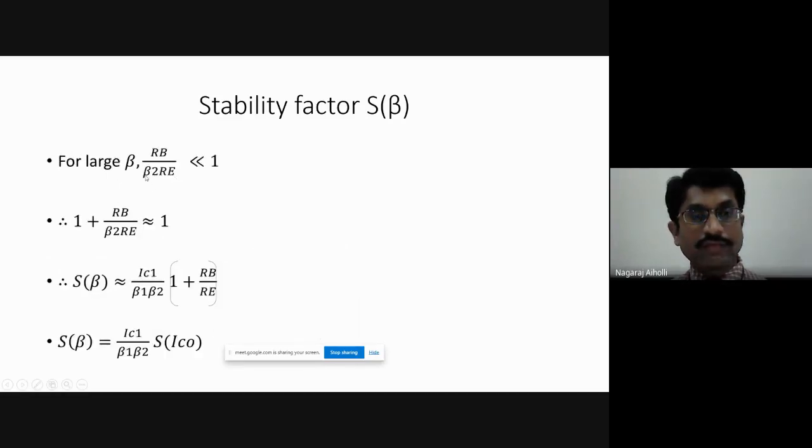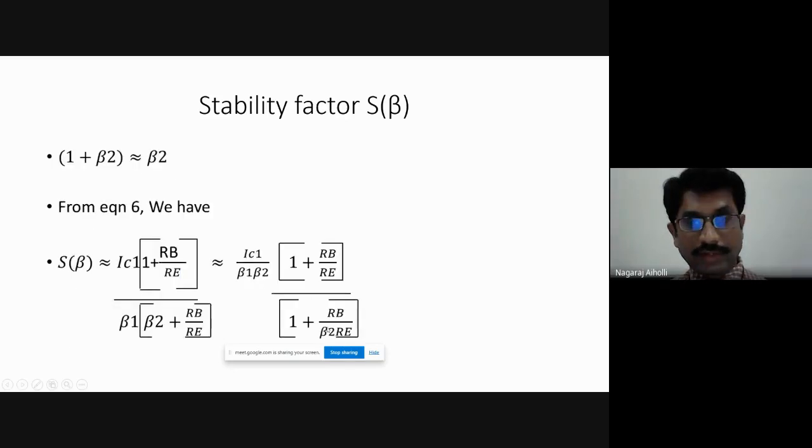Now for large value of beta, if beta 2 is very large, then what will be RB divided by beta 2 into RE? How much it will be?